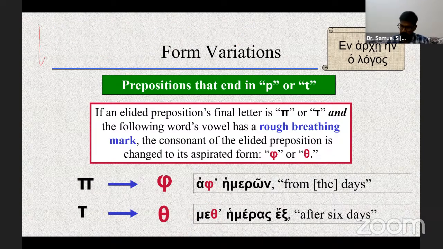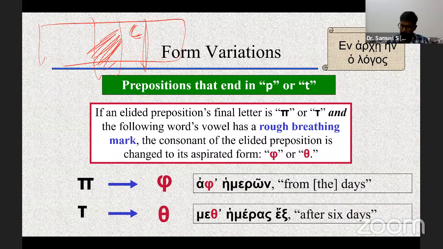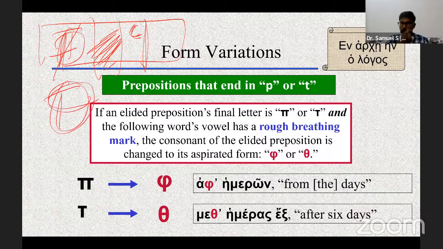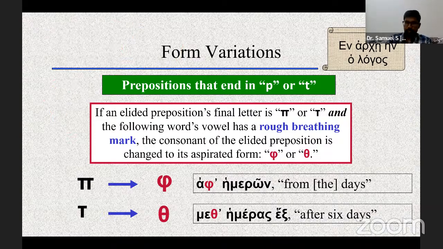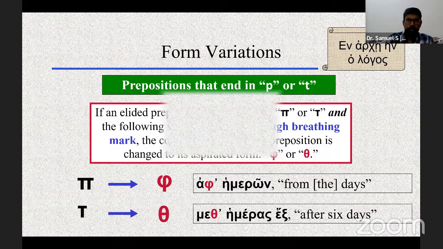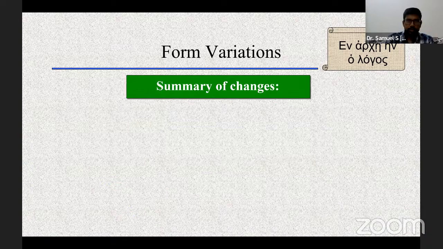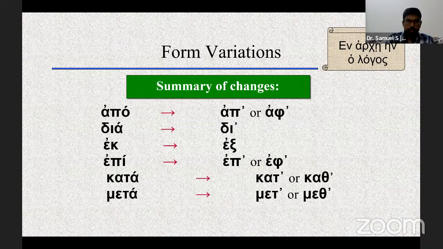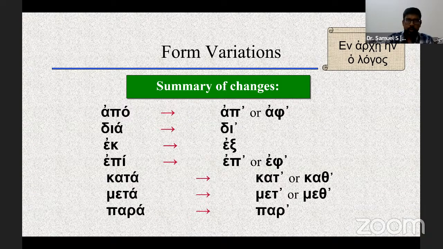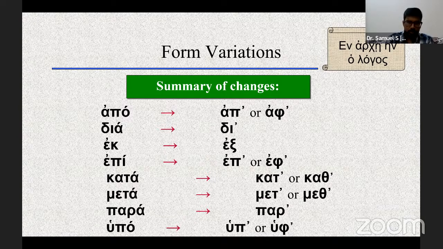Okay? So elision is happening. Vowel is getting dropped out. Rough breathing mark is here. If it's a pi here, it becomes a phi. If it's a tau here, it becomes a theta. That's all. Quite simple. This is just the summary of all that we looked at with its changes.